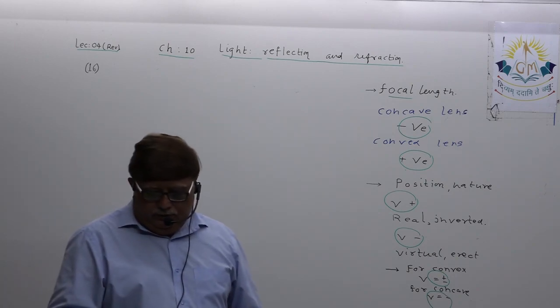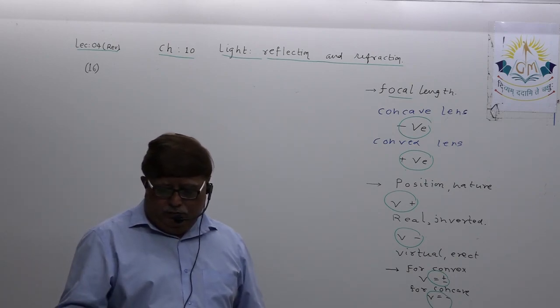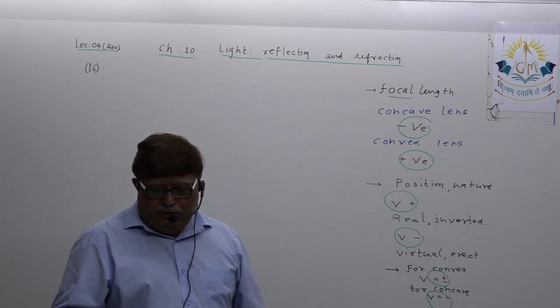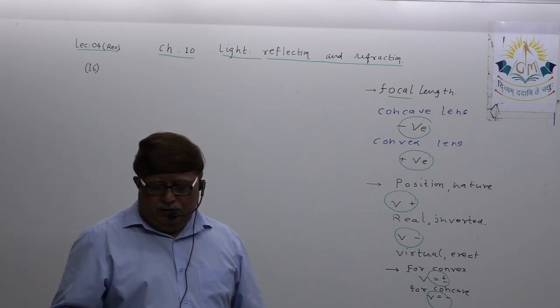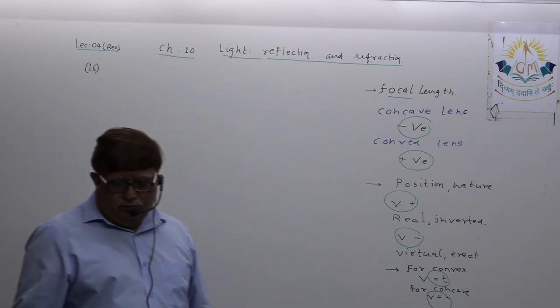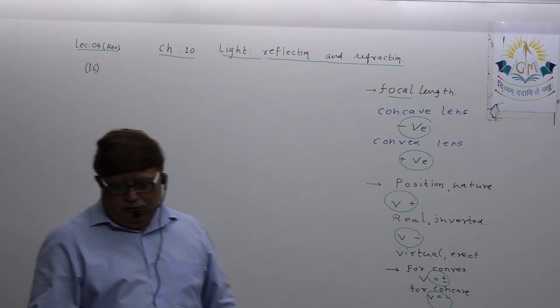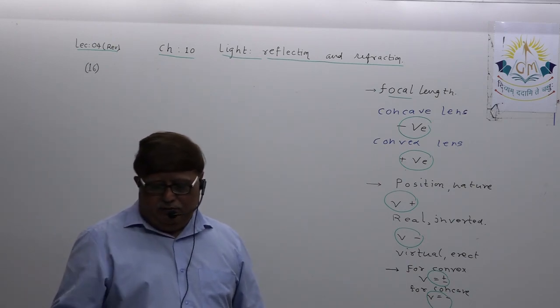At what distance should the object from the lens be placed so that it forms image at 10 centimeter from the lens? Also find magnification produced by the lens.